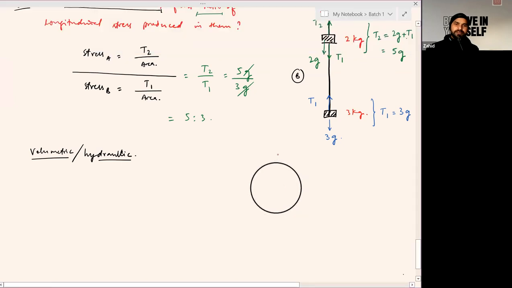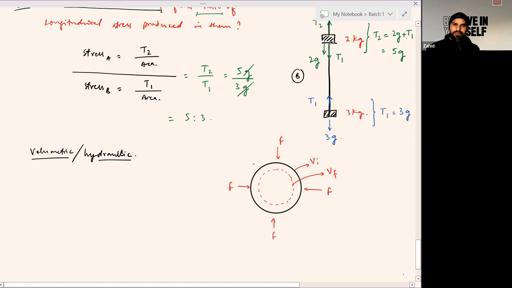And if pressure or force is applied from all sides, due to this application of force from all sides, there will be a change in its volume. So it may acquire this particular volume finally, or it may get compressed. So the initial volume is this part. Finally, it will become this on applying force from all sides.